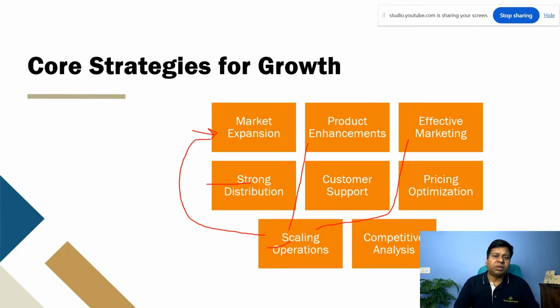So thoughtfully, you need to create and prepare your strategy. If at this stage you are feeling the loss will be high, do not wait for that. Be proactive. It's a time to celebrate, but it's not time to relax. Right. So these are the core strategies for the growth phase.